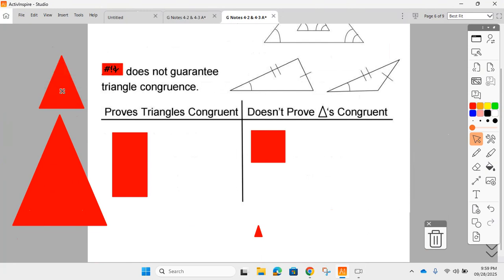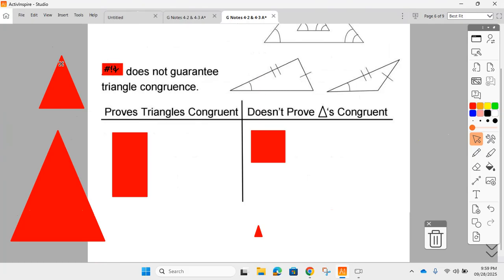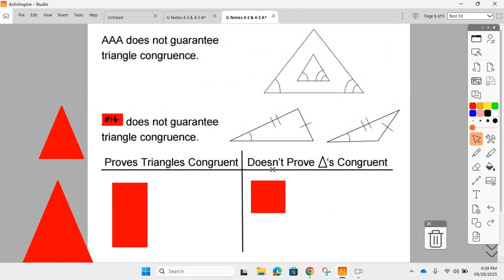The side measures are all longer on this one, but the angle measures are the same. We did not change the size of any of the angles. So we can't say just because the angles are congruent that the triangles are congruent. Could they be? Certainly they could be, but they do not have to be.